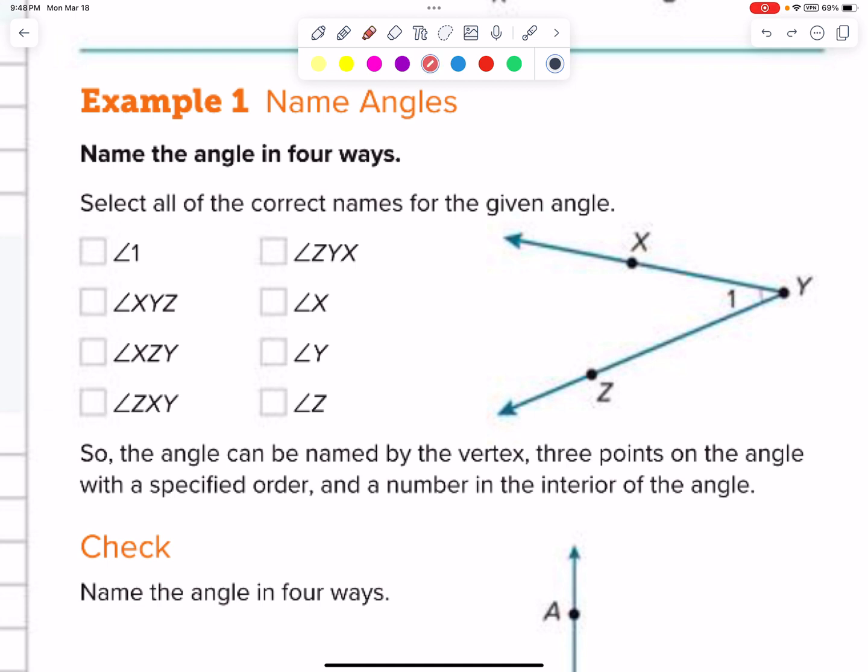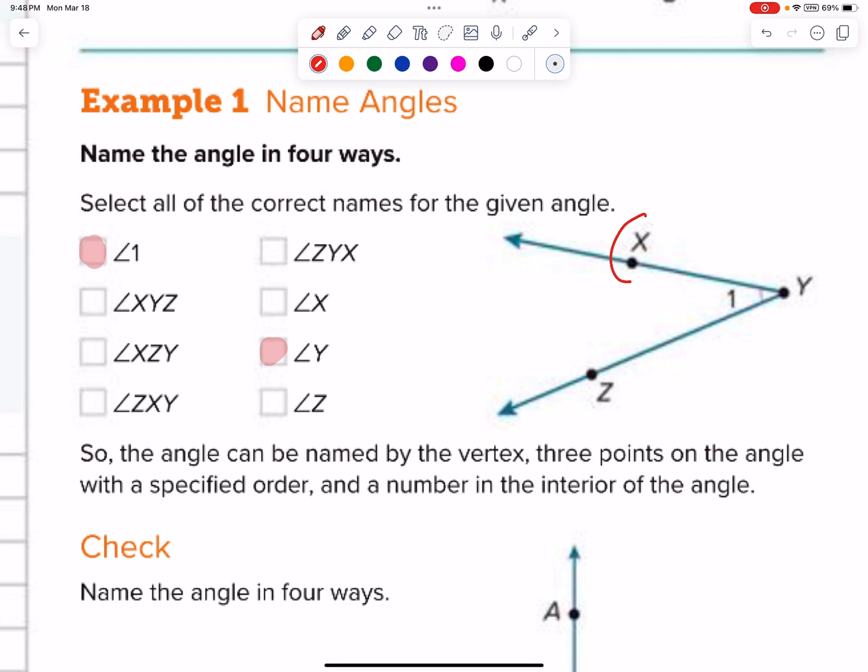All right, so let's see. We have angle 1, so we could just say that, right? We could also just say angle Y. So let's find that. There we go. Let's also look at it by naming the entire angle using the rays and the vertex.